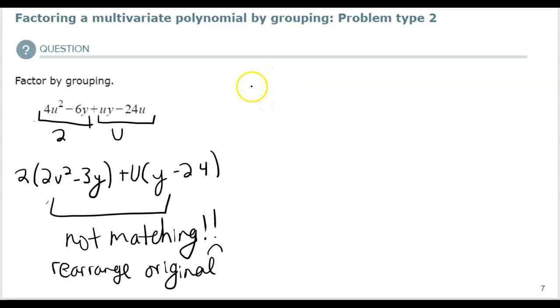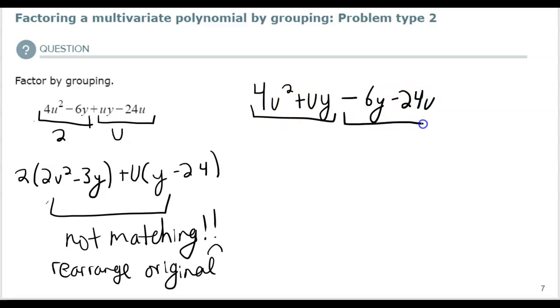So let's try rearranging this. And now I'm going to try the grouping again. I'm just going to pull out a u.